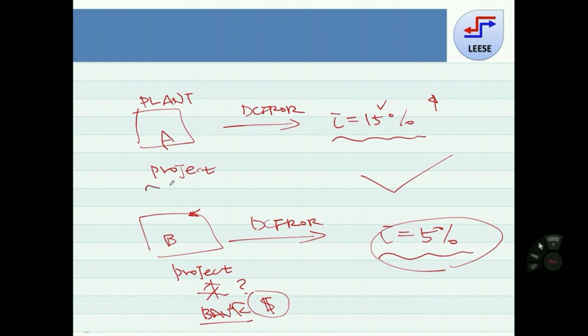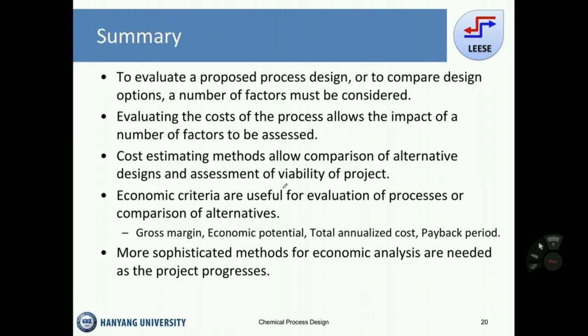For this one, I can cover up to 15% of the interest rate from the bank. The project is very profitable. So rather than putting the money in the bank, I'm using it. I'm generating money because the process is profitable.